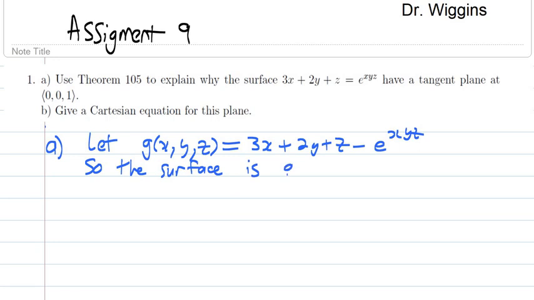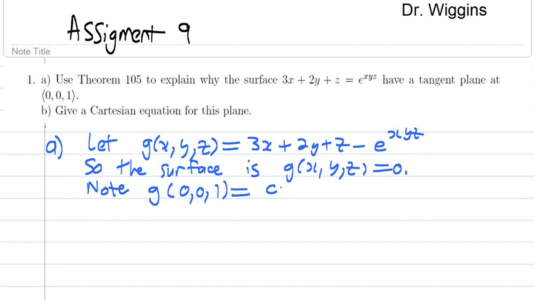So now we have a function of three variables, g is equal to 0. Alright? And is the point on the surface? Well, note that g(0, 0, 1) evaluates to 0 plus 1 minus 1, which is 0. So the point is an element of S, being the surface.